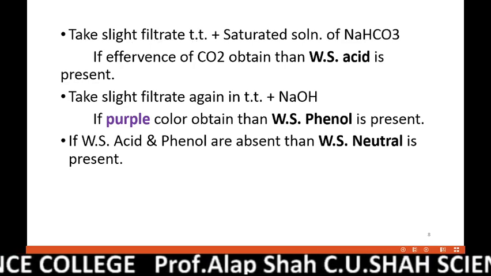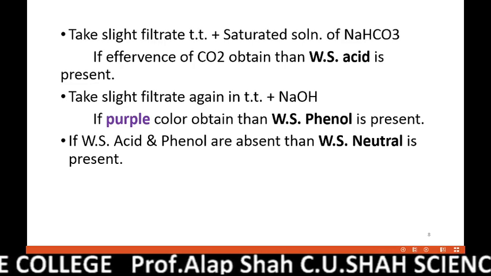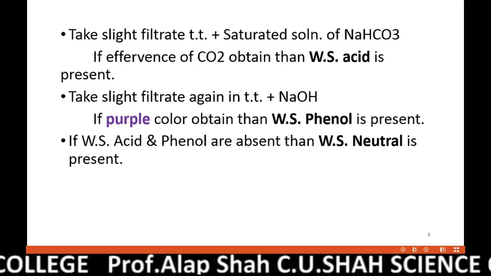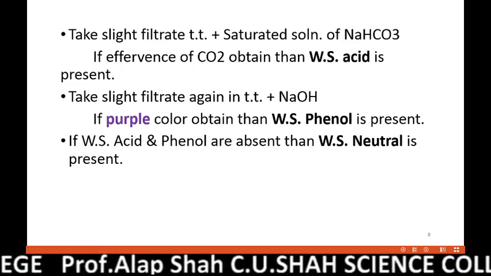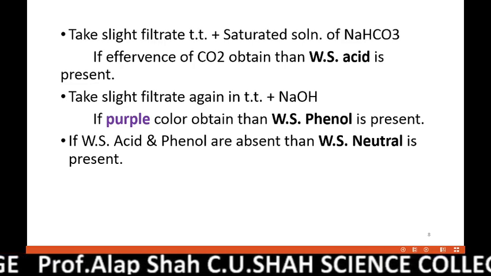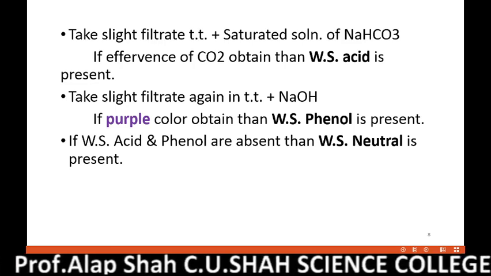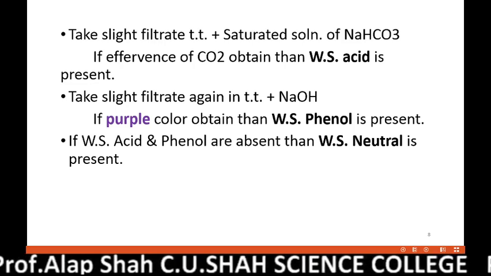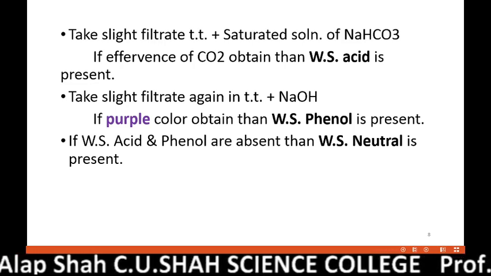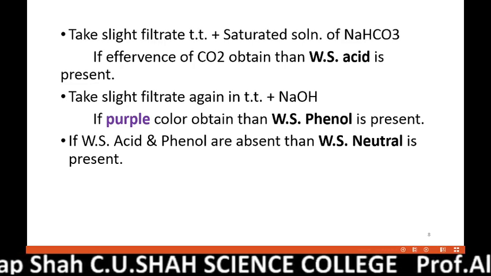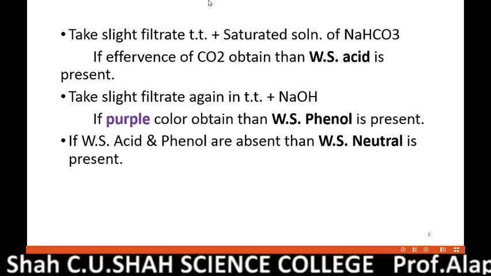If you get effervescence of carbon dioxide gas, then we would say that a water soluble acid is present. But suppose you don't get effervescence of CO2, then in a fresh test tube, take again a slight filtrate and add NaOH to it.